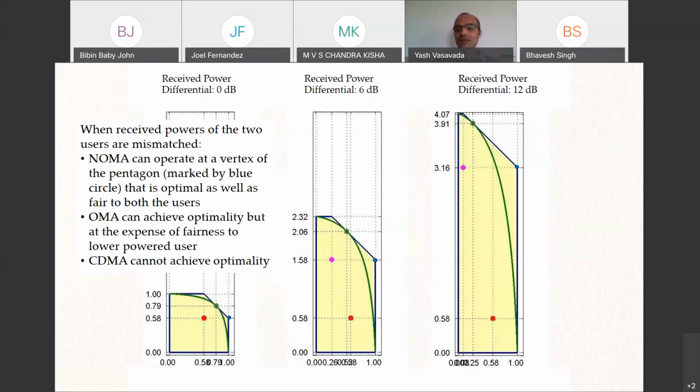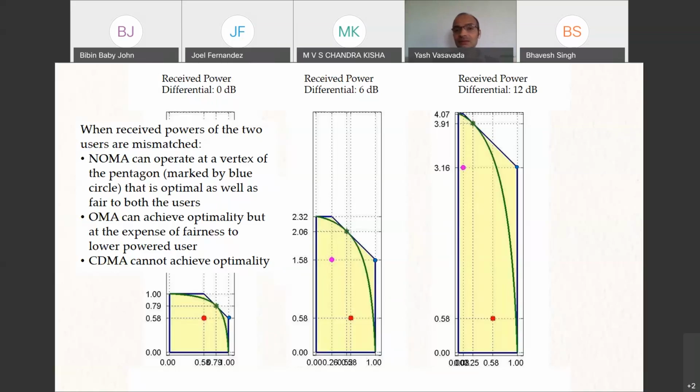NOMA came along and said that, okay, just trash all of that power control. Actually, near-far is not a problem. Near-far is actually a good thing. We can make good use of the near-far effect by making user 1 very happy. Although it is very far, user 1 will be very happy and user 2 will be okay. User 2 will not be severely disadvantaged.